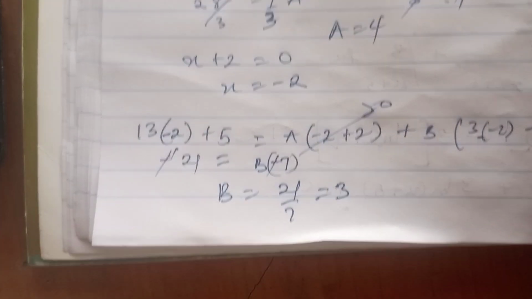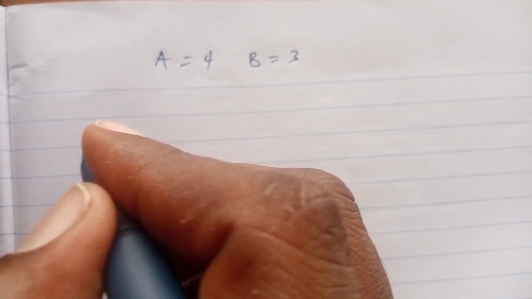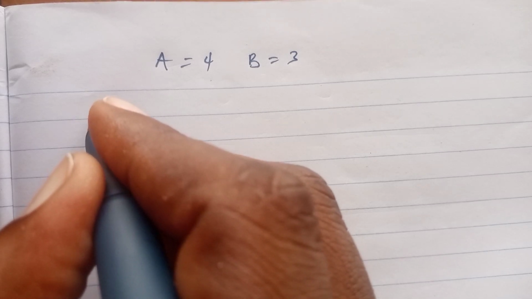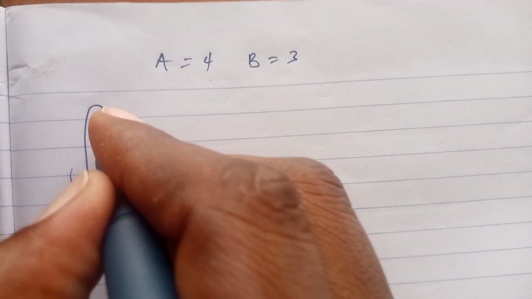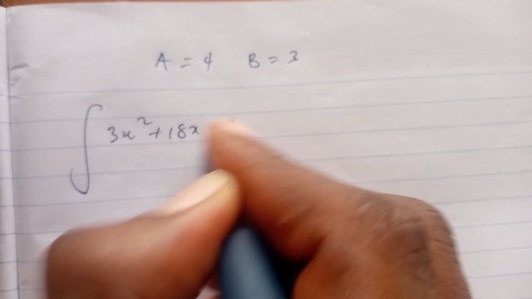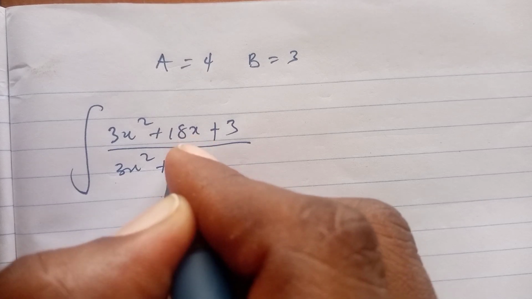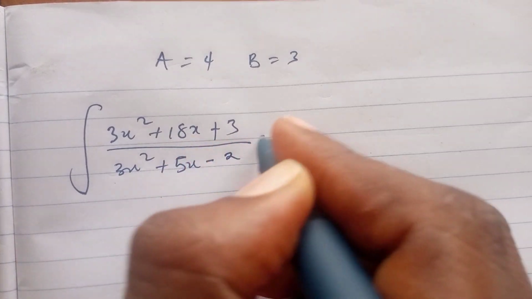So we're going to try and finish up the partial fraction. Let me write out the original one. My a is 4 and my b is 3. And don't forget the integration of 3x squared plus 18x plus 3 over 3x squared plus 5x minus 2 dx.